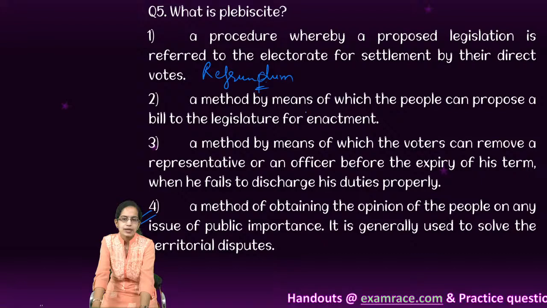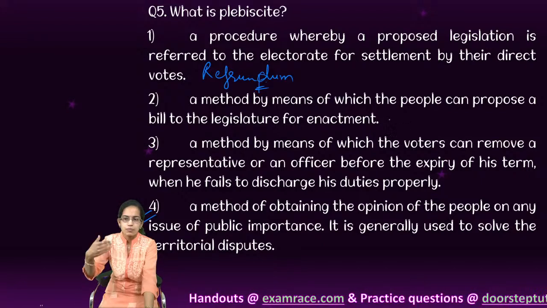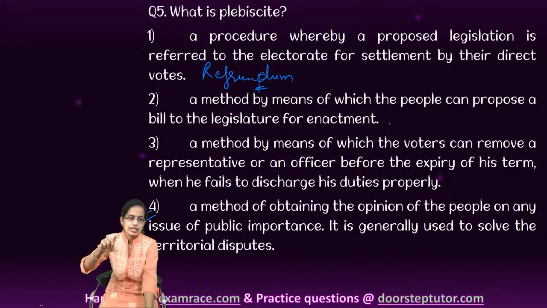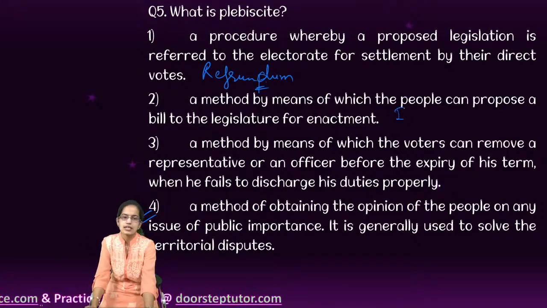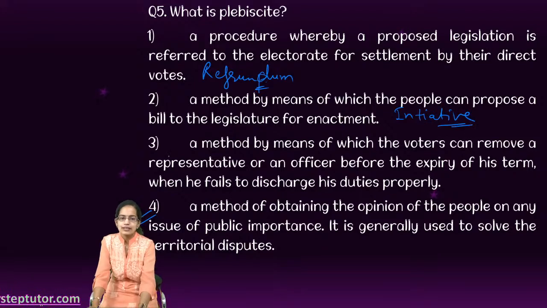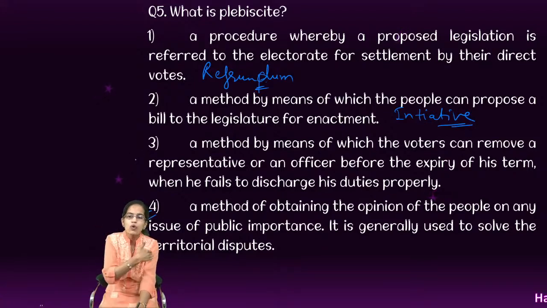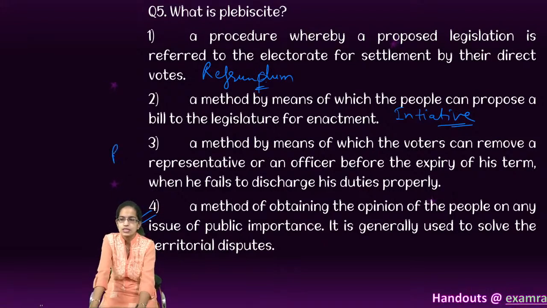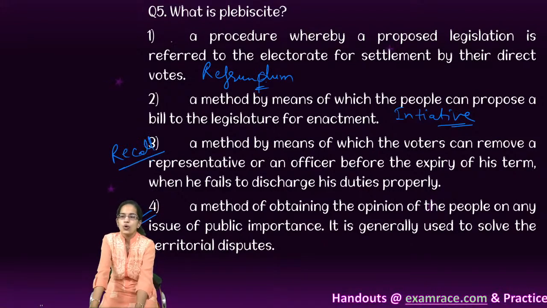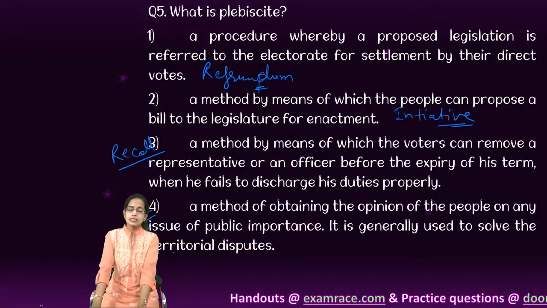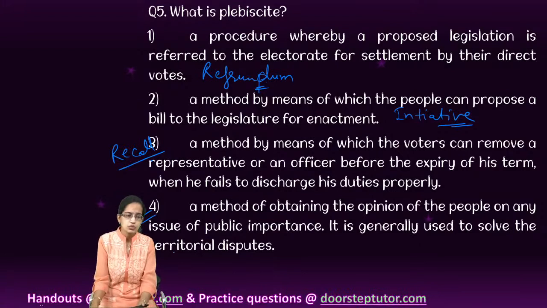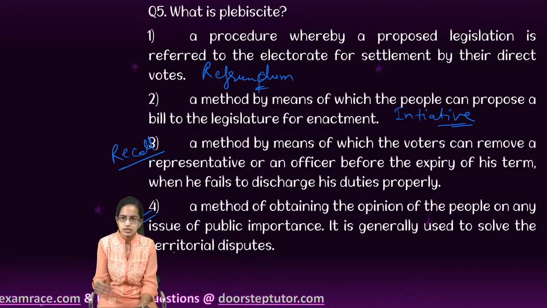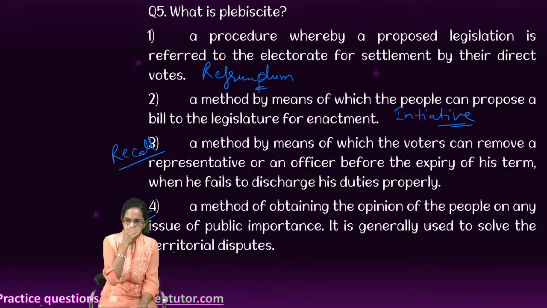However, there is a method by which people can propose a bill to the legislature. Any kind of adaptation to the change that is there is what is called an initiative. And then we have a method where we can remove a representative or an officer, which is known as recall. All of these 4 statements are definitions of terms used in legislative processes, and we have explained their meanings.